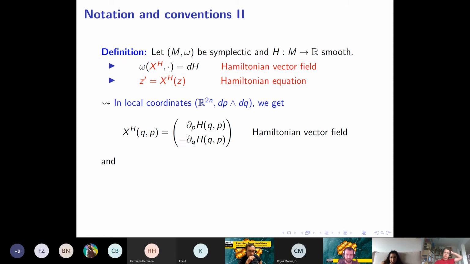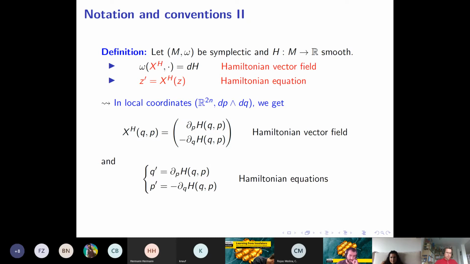If you write it down in local coordinates, and I hope I didn't mess up the minuses, you should end up with the Hamiltonian vector field consisting of the partial derivatives with respect to P1 to Pn, and in the second half, minus the partial derivatives with respect to Q1 to Qn. This is also referred to as the skew gradient. And then you can also get the Hamiltonian equations. So we are really in a classical situation: an ODE, or more precisely, a system of ODEs.